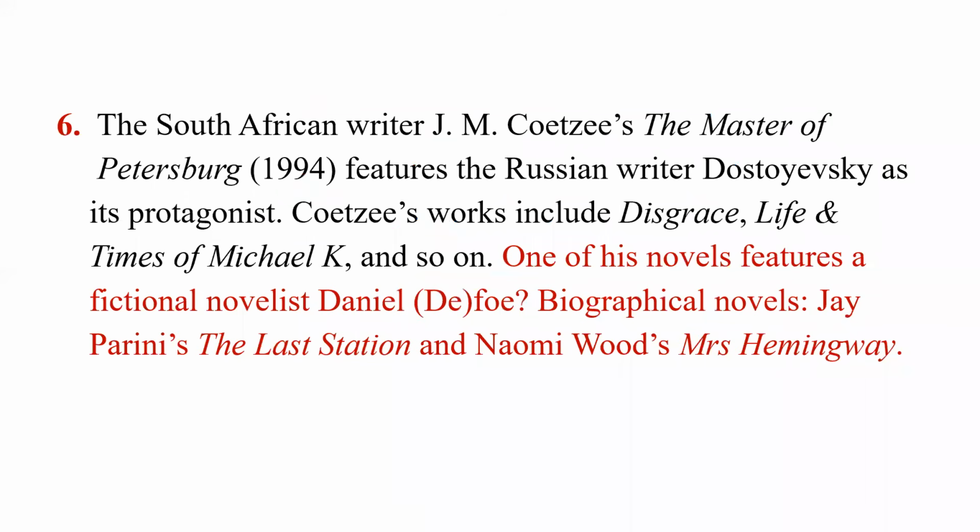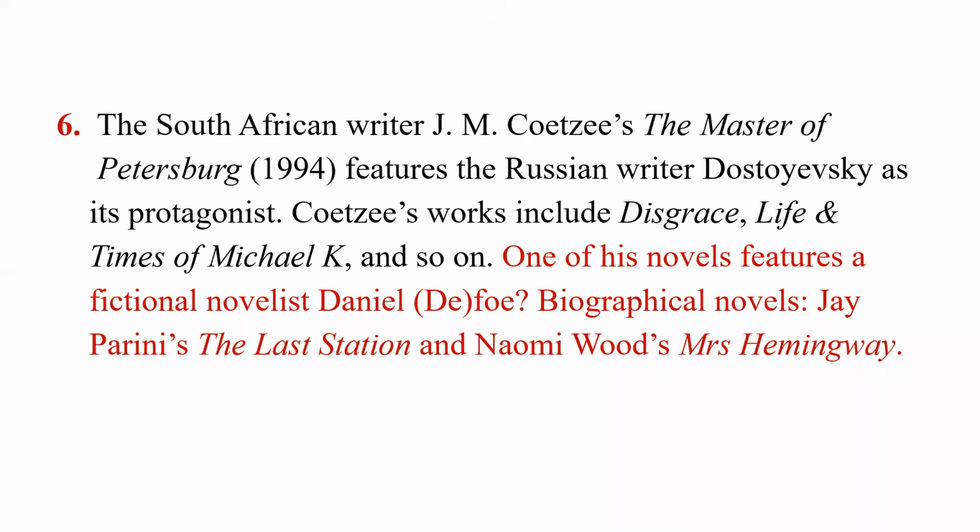There is a type of novel called a biographical novel, where writers take the biography of a historical person like Dostoevsky, mix in some fiction, and write a novel with that. One such novel is Coetzee's The Master of Petersburg, whose protagonist is Dostoevsky.